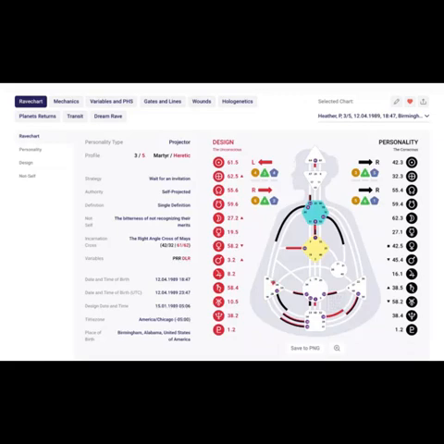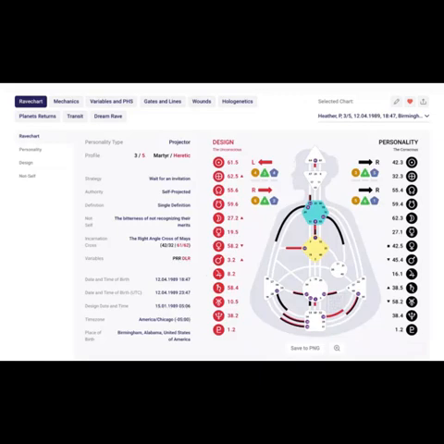You can see these lines running from center to center, connecting the numbers. So for example, here I have gate 1 active because of my Pluto on both sides. And also I have gate 8 active because of my Jupiter here on the design side.